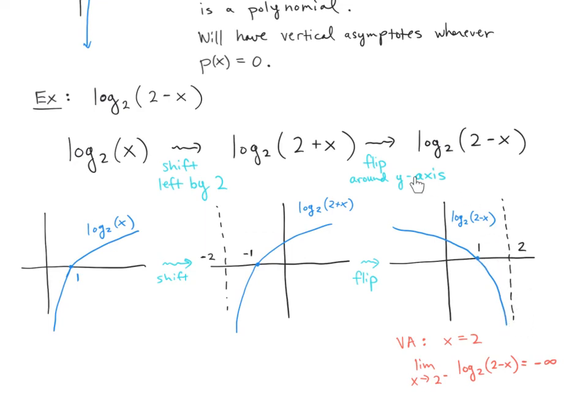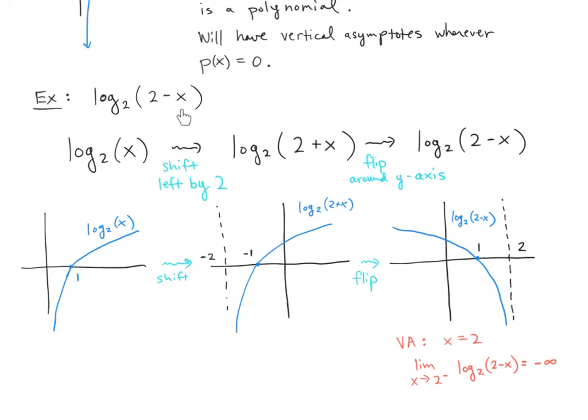So generally speaking, when you have this log with a polynomial inside type of situation, what you want to understand is what the domain of this function is, because knowing the domain of the function is going to tell you how the graph approaches the asymptotes.